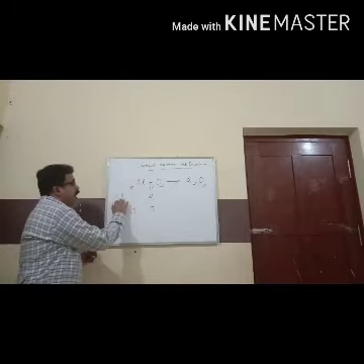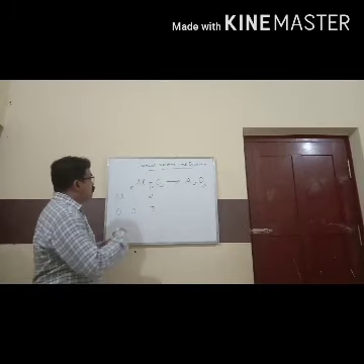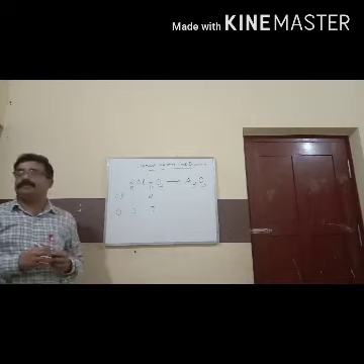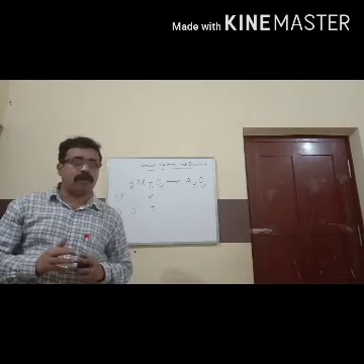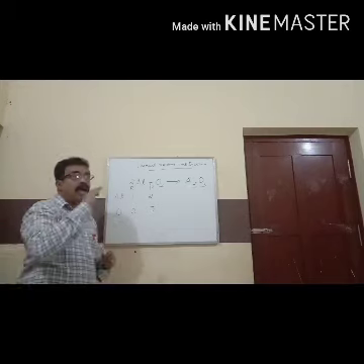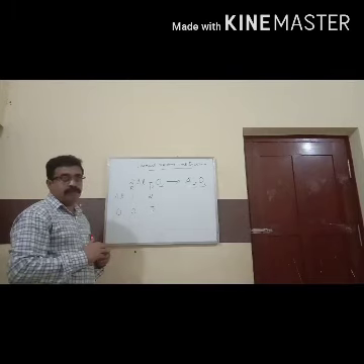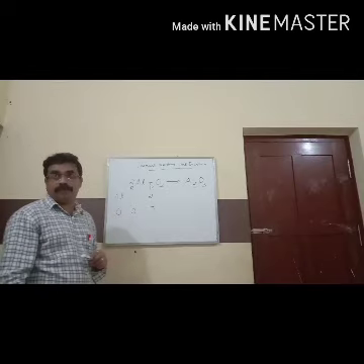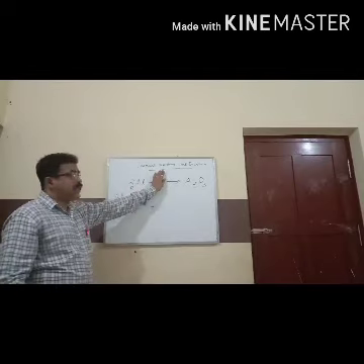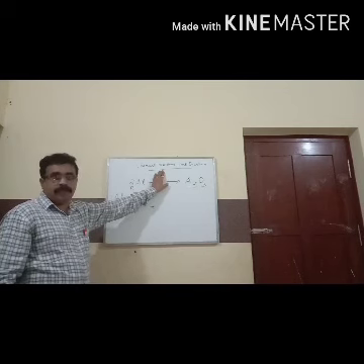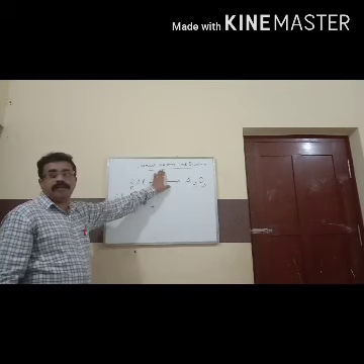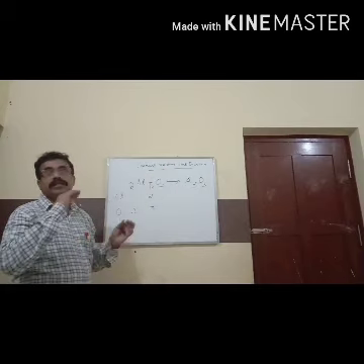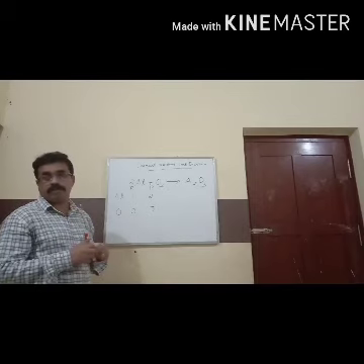So you have to balance aluminum first. It is Al2 here, so if you put 2 over here, aluminum is balanced now. Now the same step I told earlier: just leave O2 aside. Double the other compounds, other molecules.